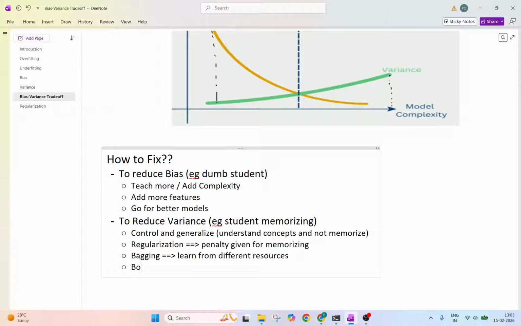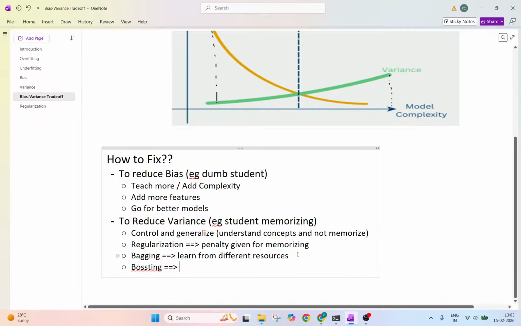Then we have something called boosting. What is boosting? Learn from your past mistakes.